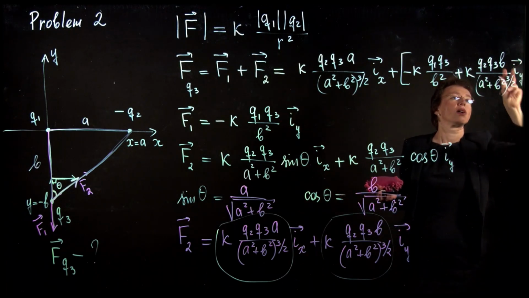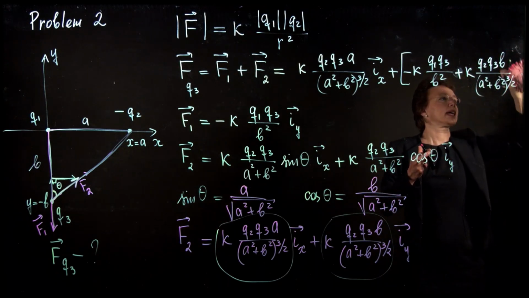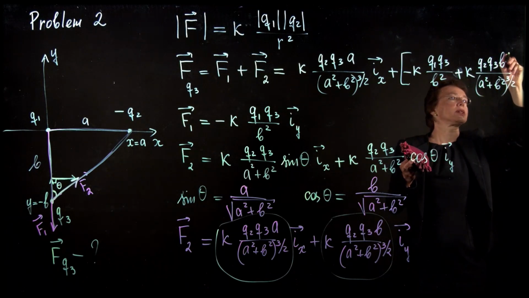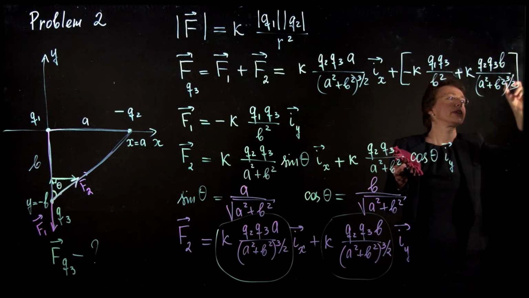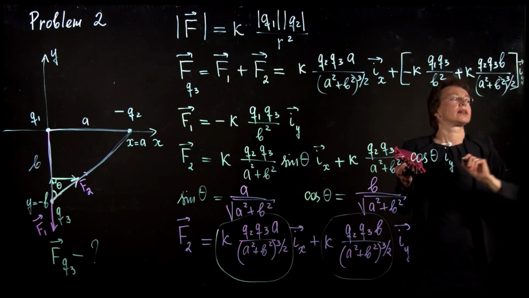This is the y component of the resultant. I forgot to close my bracket. Let's do it. So I close the bracket, and this is the iy component of the result.